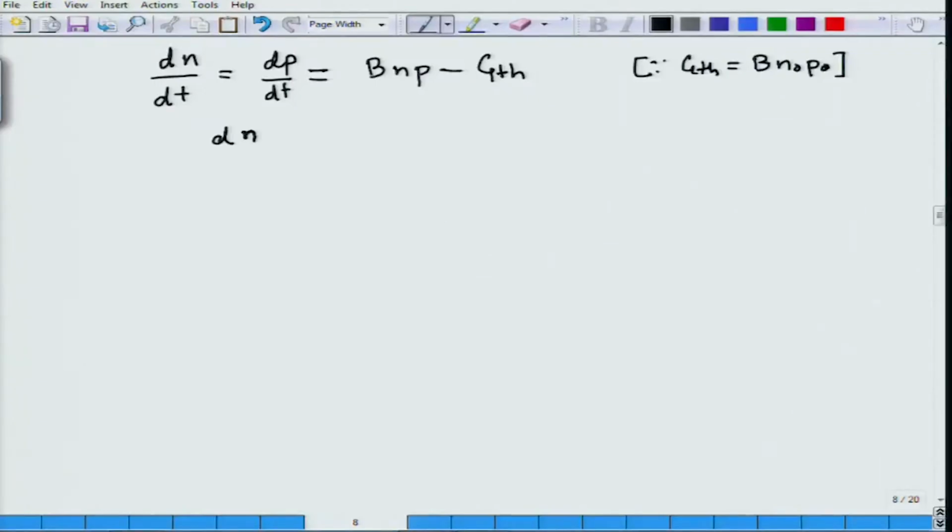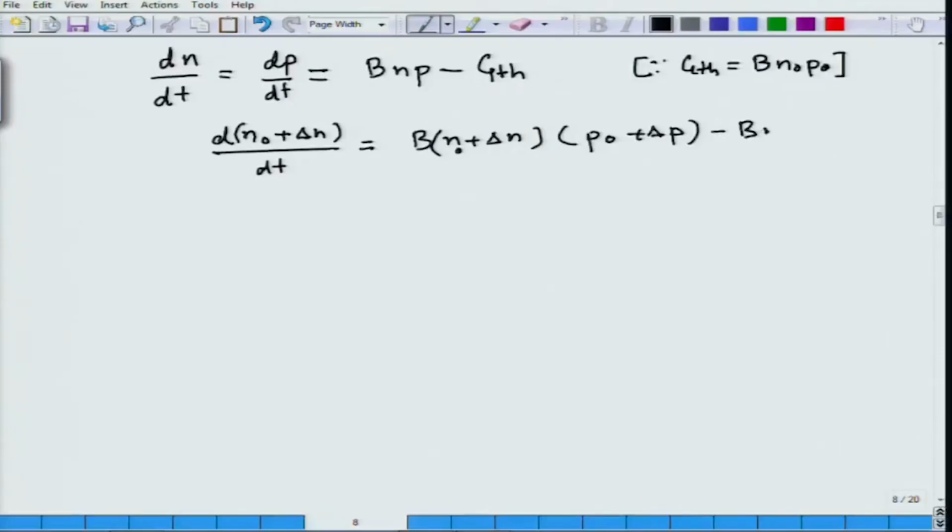The carrier concentration at any time is the carrier concentration in equilibrium plus the excess carrier concentration. The change in that as a function of time is equal to B, N can be expanded further in terms of N naught plus delta N, P naught plus delta P, and from here I get this as B N naught.